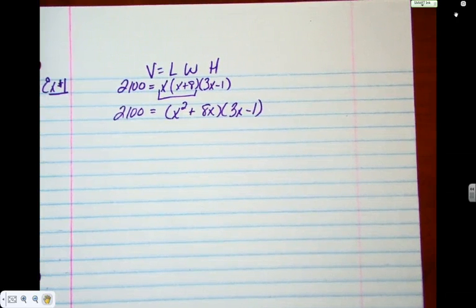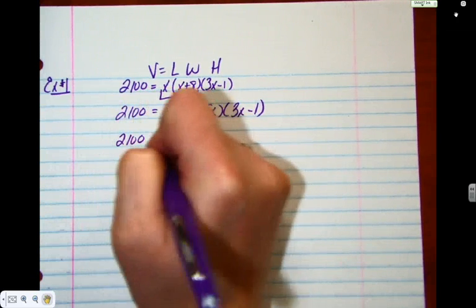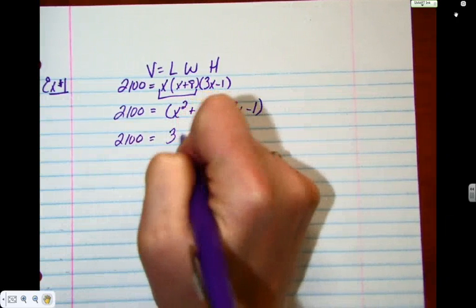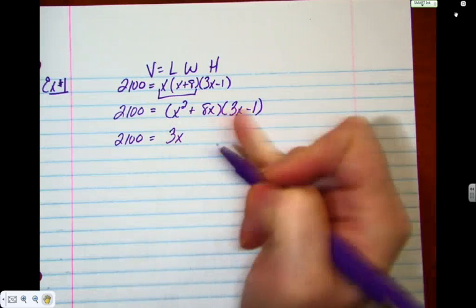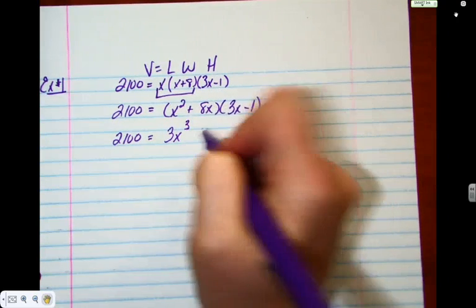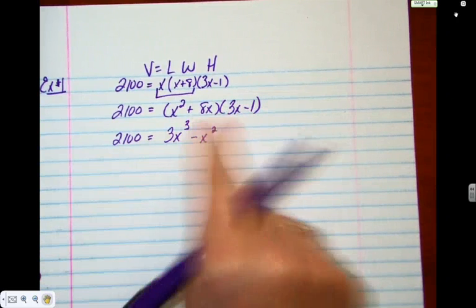Definitely still sleeping. Yep. Okay, multiply these two out. X squared times 3x. X cubed. X squared times negative 1. 8x times 3x.